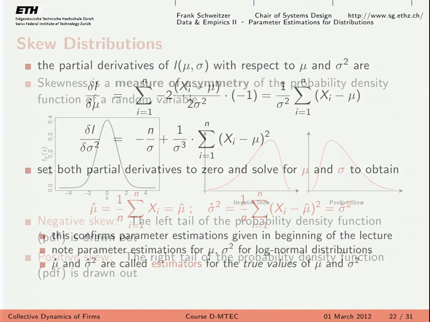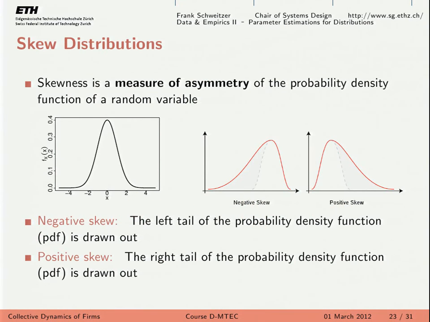So with this, I come to the more interesting distributions. Recall that the normal distribution was just an exercise to tell you about the probability distribution, the cumulative distribution, and the maximum likelihood estimations to get the mu and the sigma. Now we are dealing with the real thing. The real thing is the distribution is not symmetric, but it's skewed in some way.